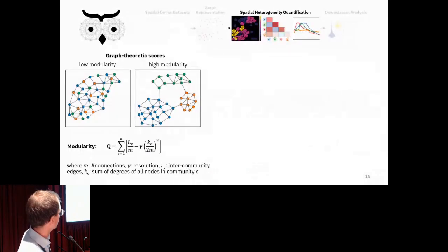Okay, and now the first method that we implemented to quantify different aspects of this graph is the modularity. And here you see schematically 2 different tissue architectures. One with a low modularity, where the different cell types are very intermixed with each other, and then one with a high modularity, in which you can segment the graph into different subgraphs that are very pure in terms of single phenotypes.